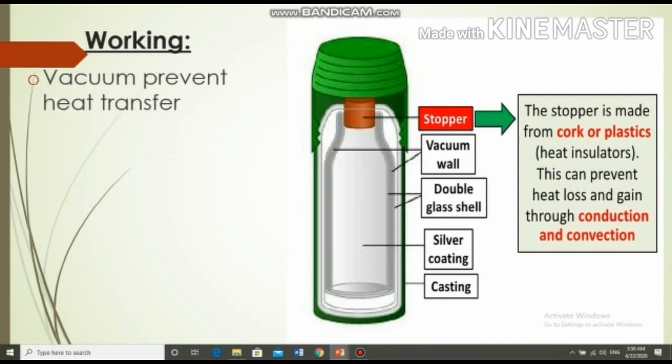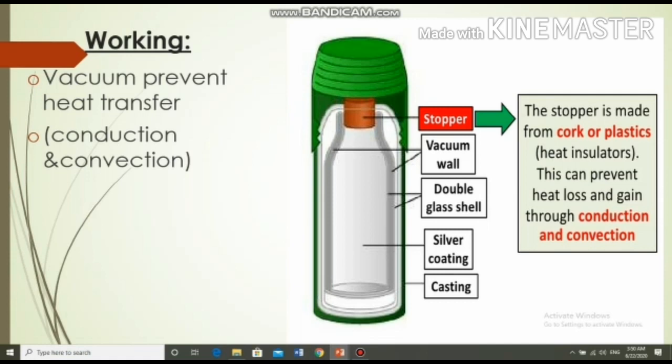So this vacuum prevents the transfer of heat energy by two methods, conduction and convection, as conduction and convection need a material medium for the transfer of heat energy.